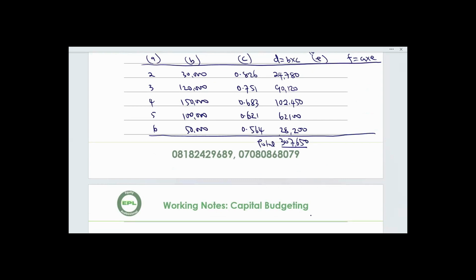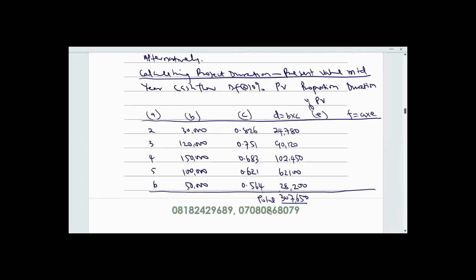Okay. Then we want to calculate proportion of PV. So to get the proportion of PV, you are going to divide the PV of each year with the total PV. Therefore, 24,780 divided by 307,650 equal 0.08.